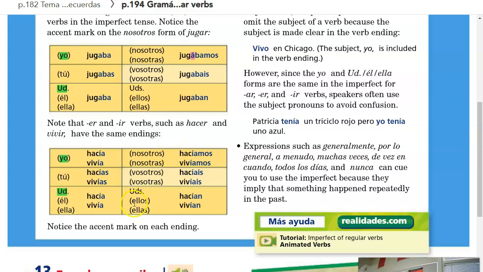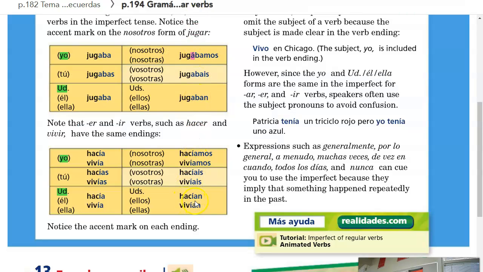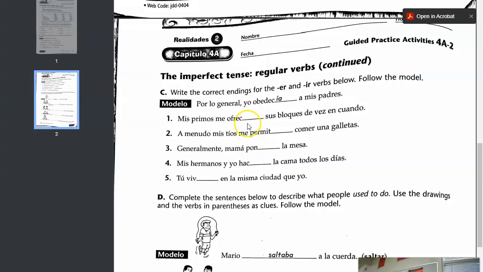And our answer would be ellos. So we're talking about a group, in this case, my cousins, mis primos. So the correct answer there would be ofrecían. Ofrecían sus bloques de vez en cuando.